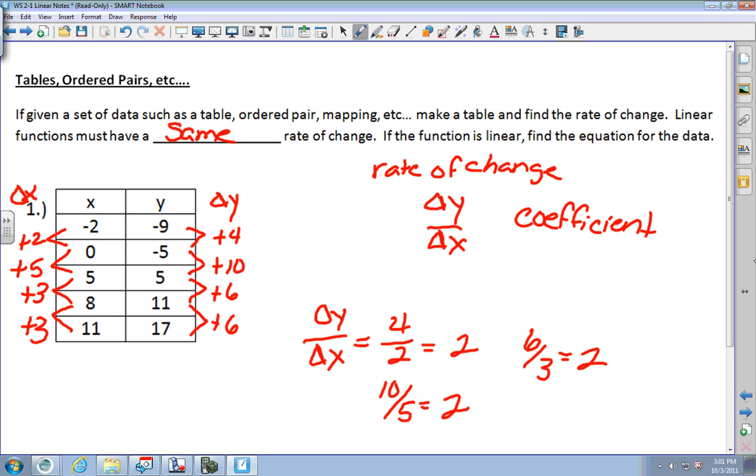So since all of these rates of change are the same, that means my data is linear. That means if I graphed these points, it would give me a straight line. And from here I can also find the equation of the line.